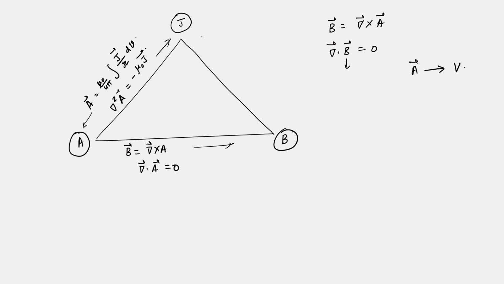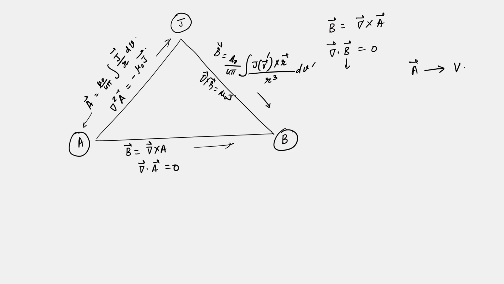And similarly, if you know J, then you can get B by B is equal to mu 0 by 4 pi times the integral of J(r prime) cross r divided by r cube dV prime, and so on. So, if you know J, you can get B, and if you know B, then you can get J by using curl of B is equal to mu 0 J. Okay. And of course, divergence of B is equal to 0.